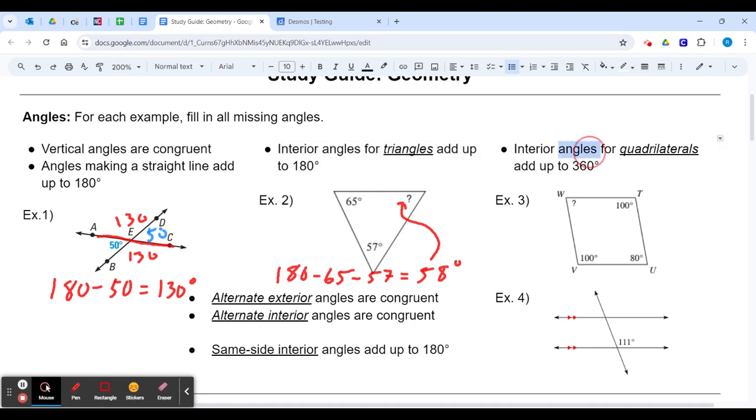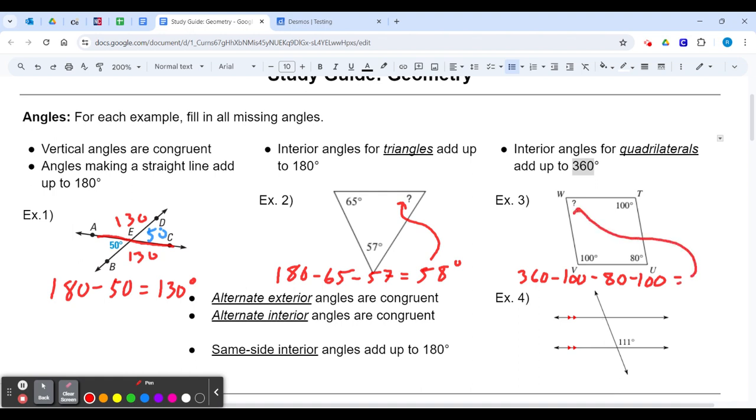A similar thing for quadrilaterals, or four-sided shapes, but these are going to add up to 360. If you think about what a square is, it's 90, 90, 90, 90. All quadrilaterals are just variations of that. So I can set up a similar equation here, but this time I have 360 minus 100 minus 80 minus 100, and that's going to equal whatever this missing angle is here.